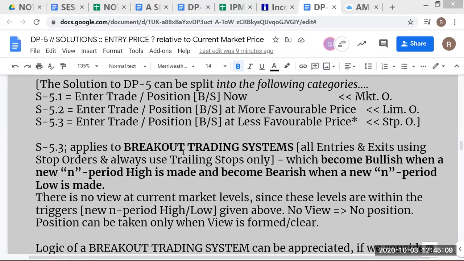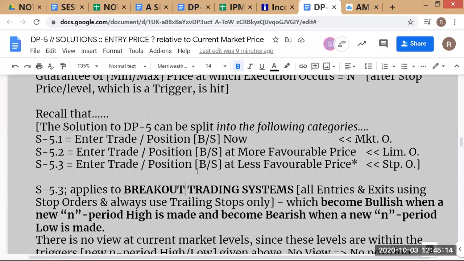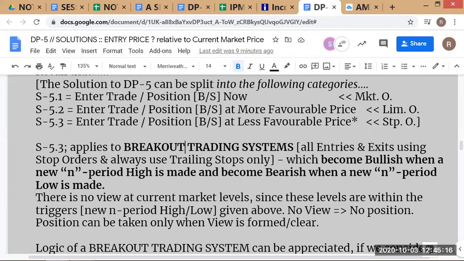Understand the breakout trading system and how it works, and then the Donchian trading rule as a species of that. Understand that this is a momentum trading system, not a mean reversion system, and what the decision problems are that it solves for you. All right. That's it.